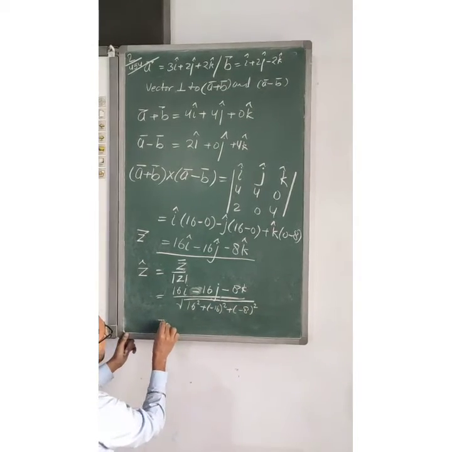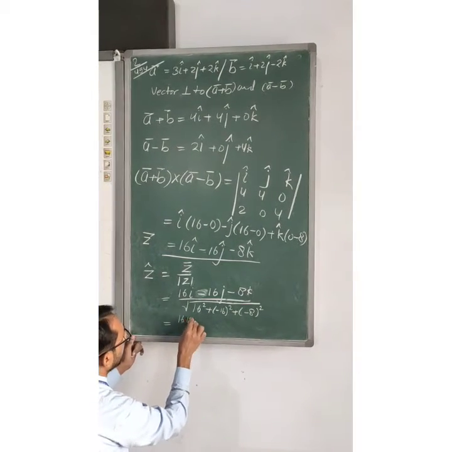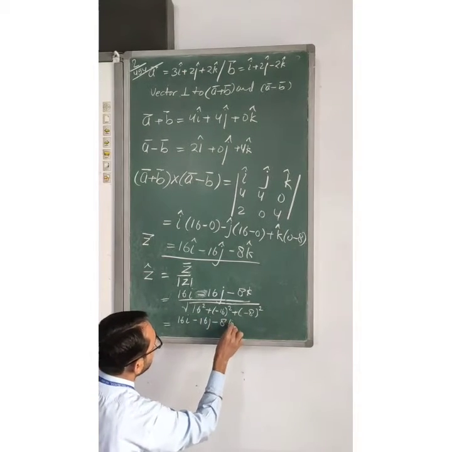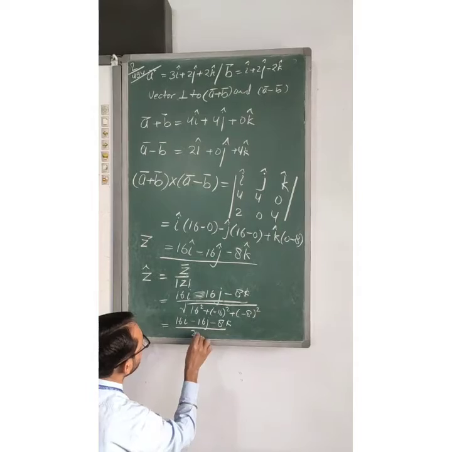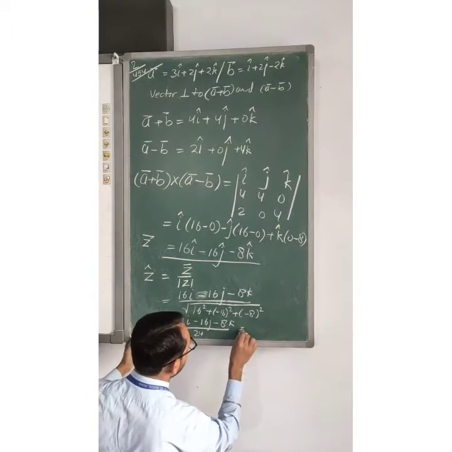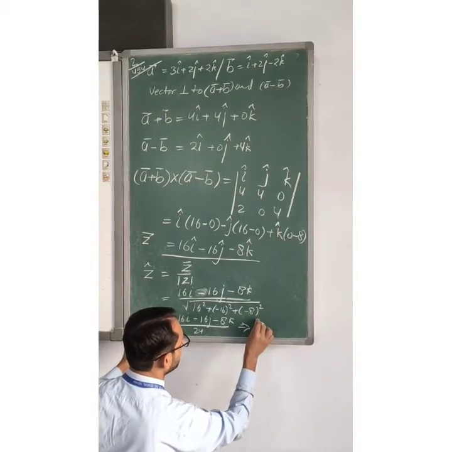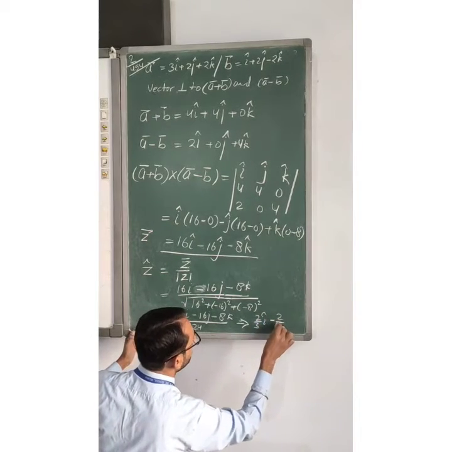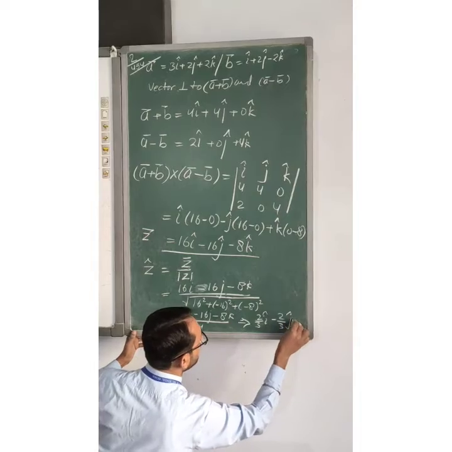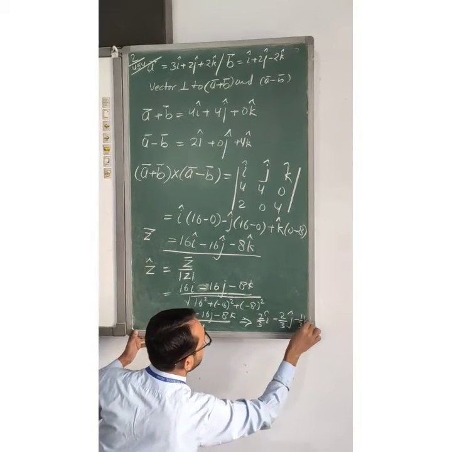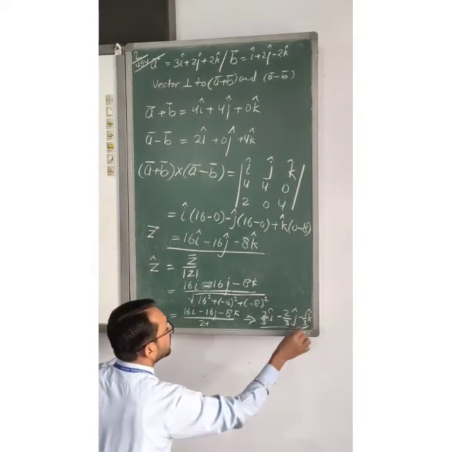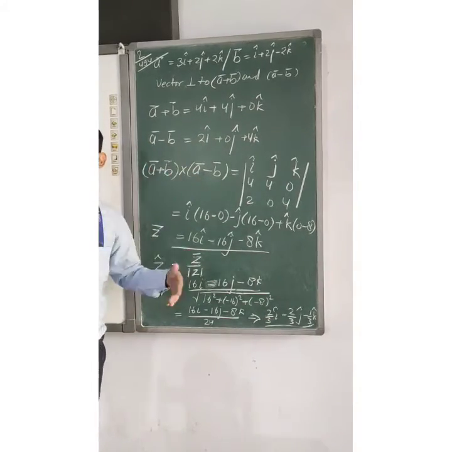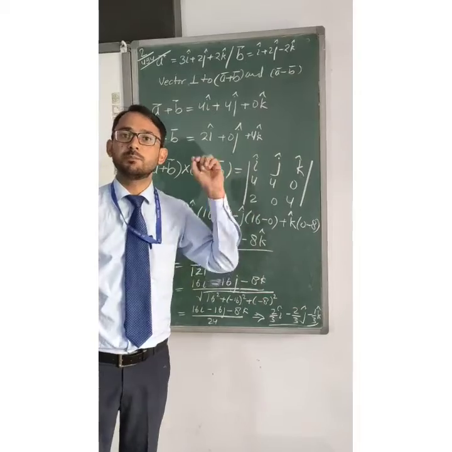This will give me 16i minus 16j minus 8k upon 24. That implies 2 by 3 i cap minus 2 by 3 j cap minus 1 by 3 k cap. This will be the unit vector which is perpendicular to both A plus B and A minus B.